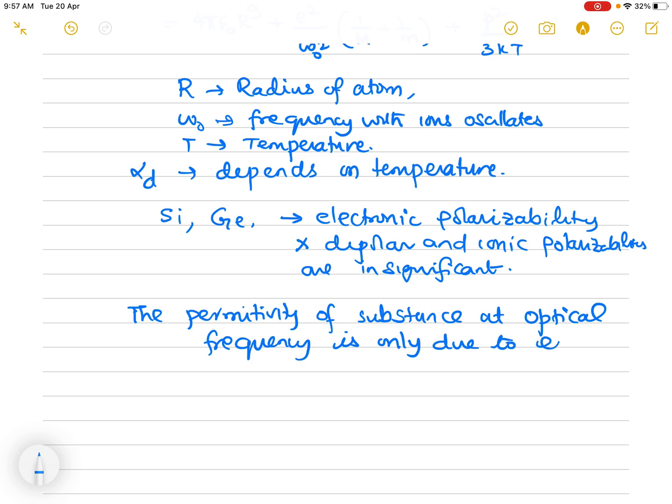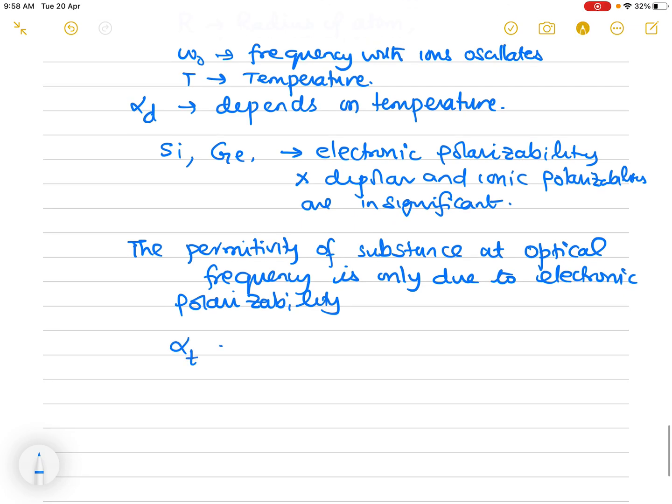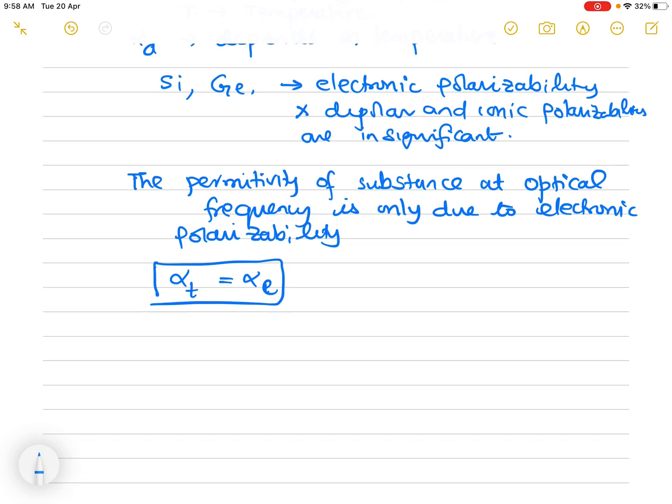Therefore, the Clausius-Mossotti equation turns out to be (epsilon r minus 1) by (epsilon r plus 2) equals n alpha by 3 epsilon naught, where now the total polarizability alpha is replaced by the electronic polarizability. We know that n is rho times Avogadro number by molecular weight.